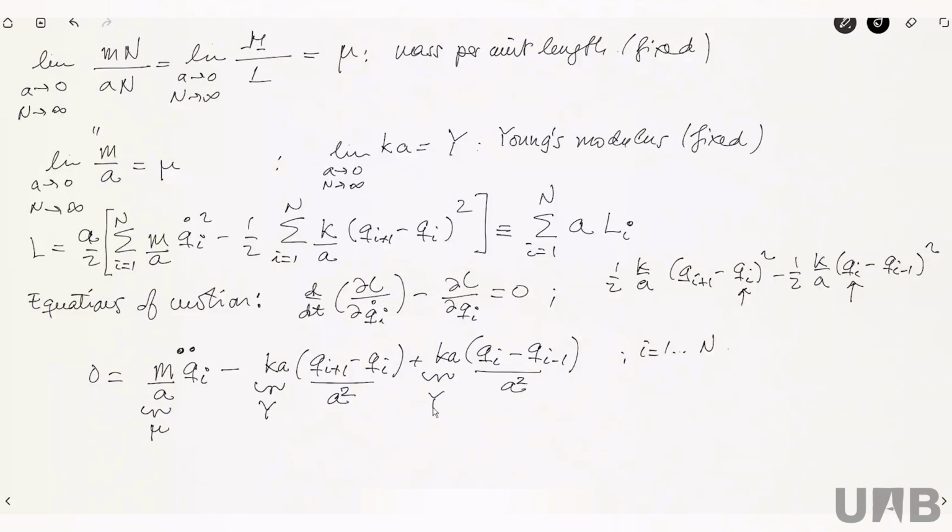And now I have to look at what happens to these quantities, q double dot i, (qi plus 1 minus qi) over a squared, and so on, when a goes to 0. So I take qi, and I want this qi, when a goes to 0 and n goes to infinity, to be replaced by q of x. The index i, discrete, has to become a continuous index x.